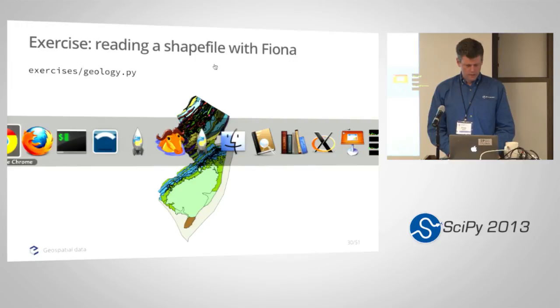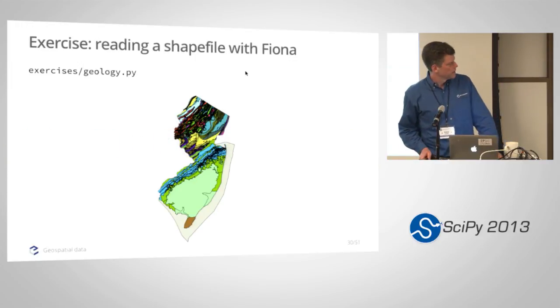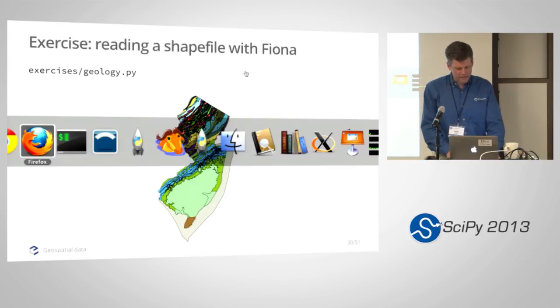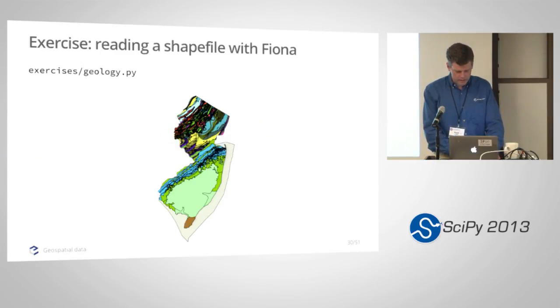So, this is an example of the output, but we're going to read this same shapefile, the Geology of New Jersey. This is downloaded from the USGS, and these are some hideous colors that I randomly generated to go with the geology map, and you can try to do better if you like. I actually have a better color version.